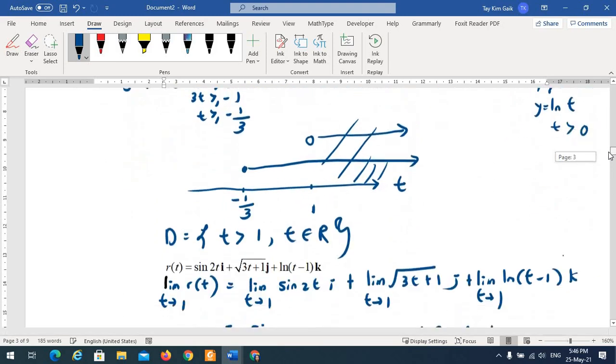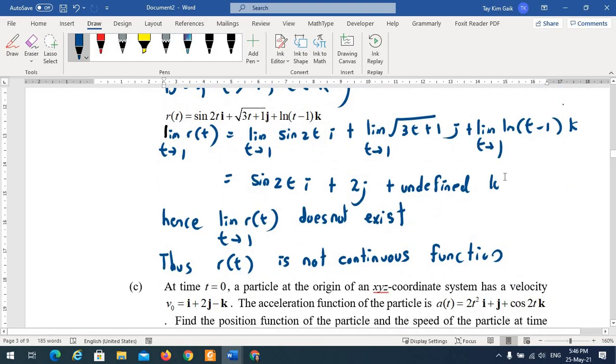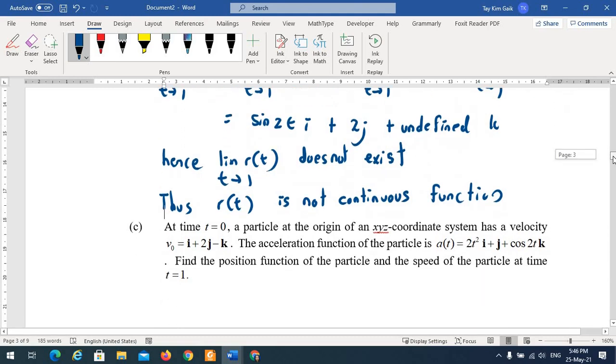So this is question B. As long as the limit does not exist, the function r(t) is not continuous. So this is question 4B.